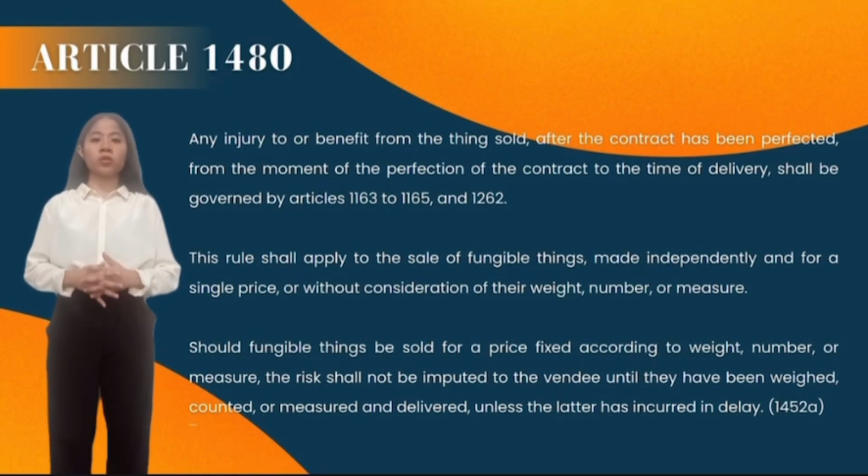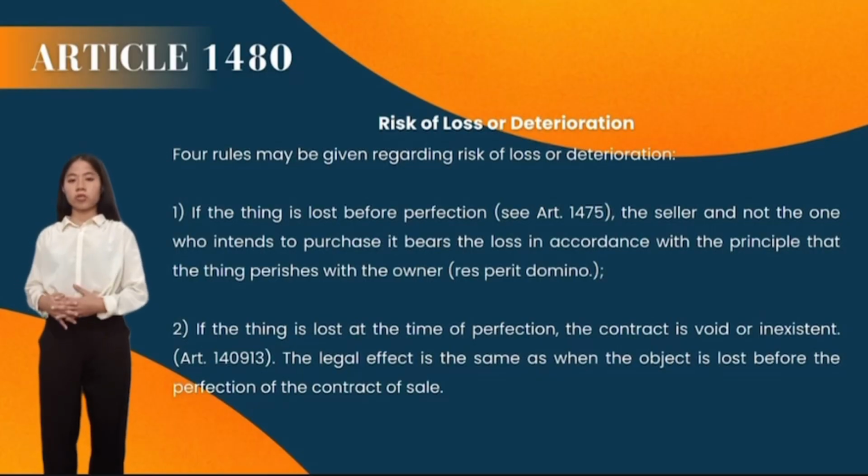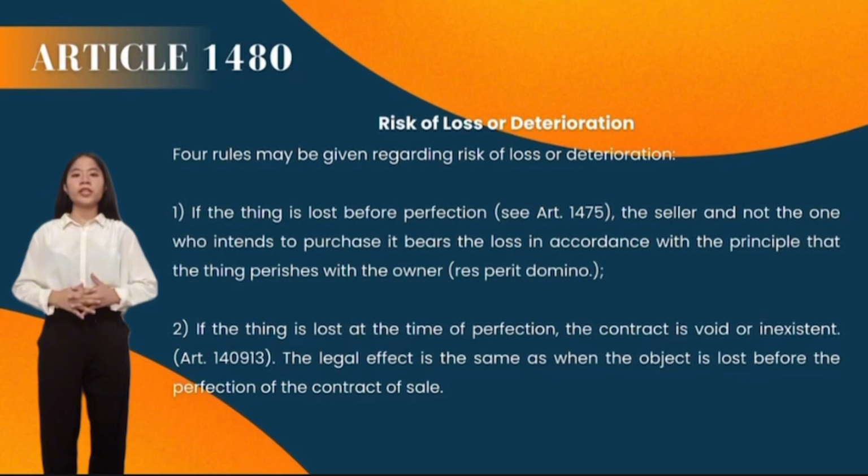In fungible things sold according to the weight, number, and measure, the buyer bears no risk until it has been measured, counted, and delivered, unless the buyer caused the delay. It also mentions a Latin phrase, res perit domino. This means that the thing is lost to its owner, which means that if the thing is lost or damaged, then the risk falls on the owner.